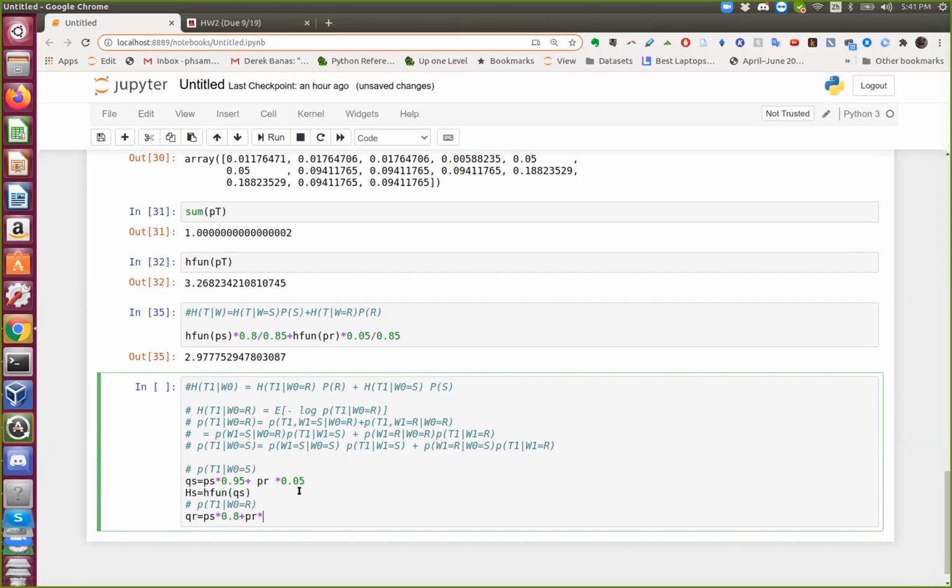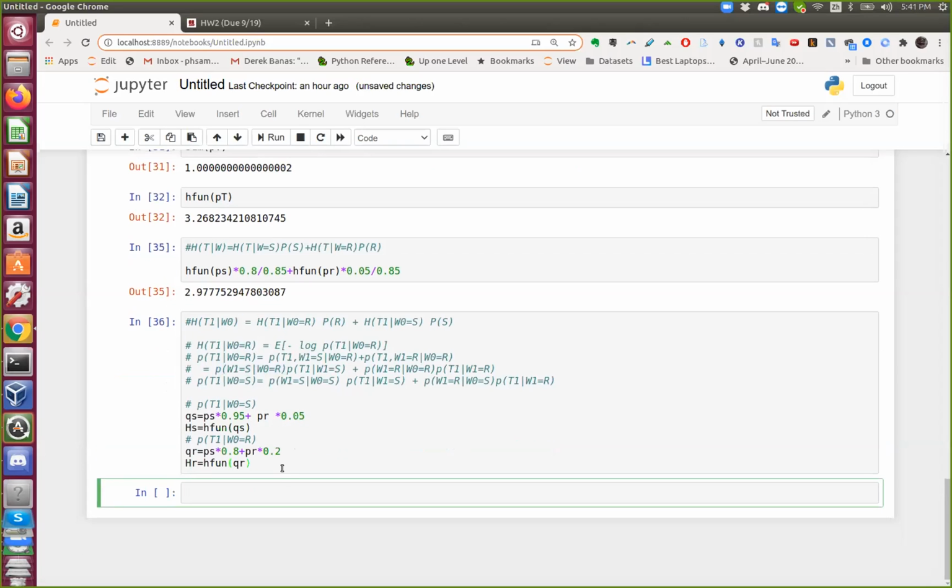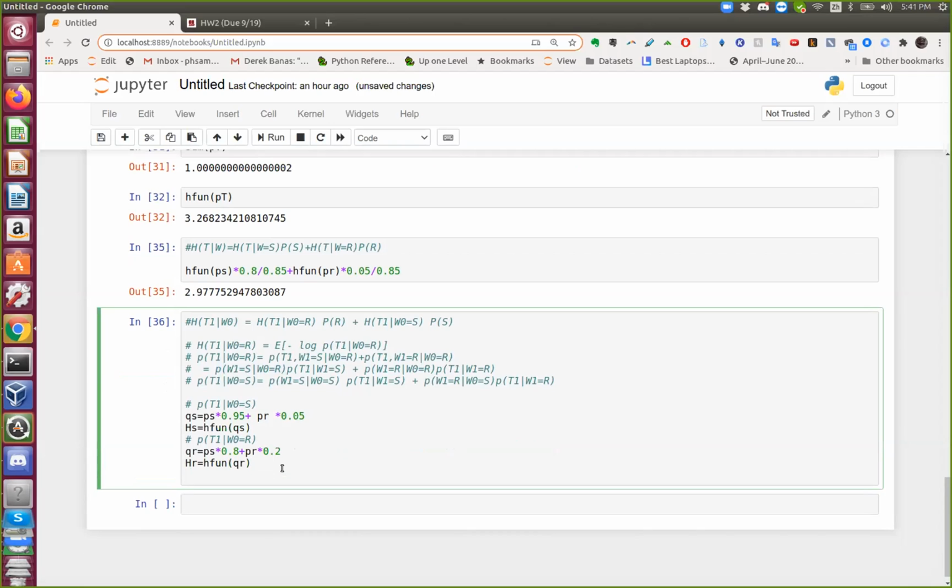And plus PR times 0.2. And then I have, maybe I call it HR, the H function of QR. Right? Okay, I don't have any error here. That's good.